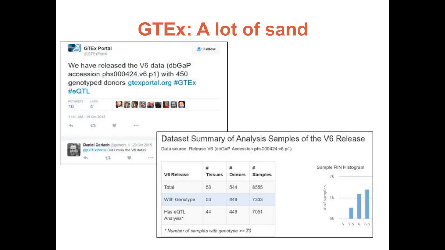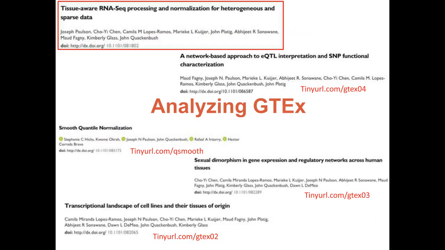There were approximately, in the dbGaP data, 9,500 or so samples. So these are over 450 individuals that had around 54 tissues sampled, and the transcriptome from each of the tissues was sequenced.